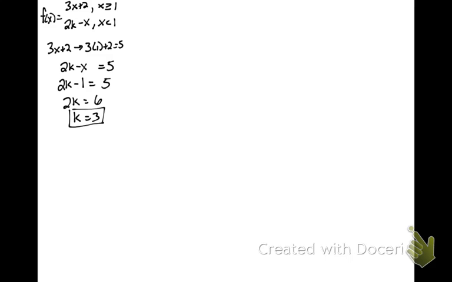Let's consider one more problem similar to that. So we have a function, it's piecewise. We'll use the rule kx squared whenever x is greater than or equal to 2, and we'll use kx minus 6 whenever x is less than 2.